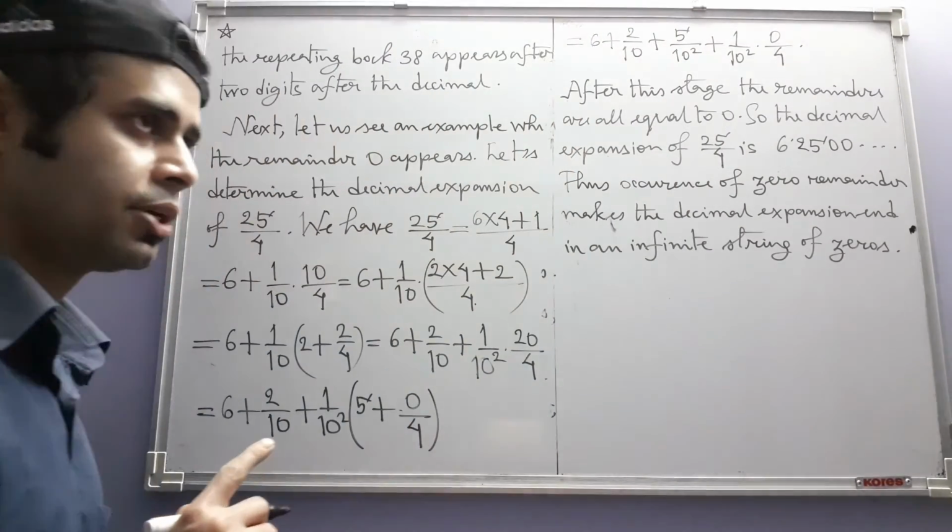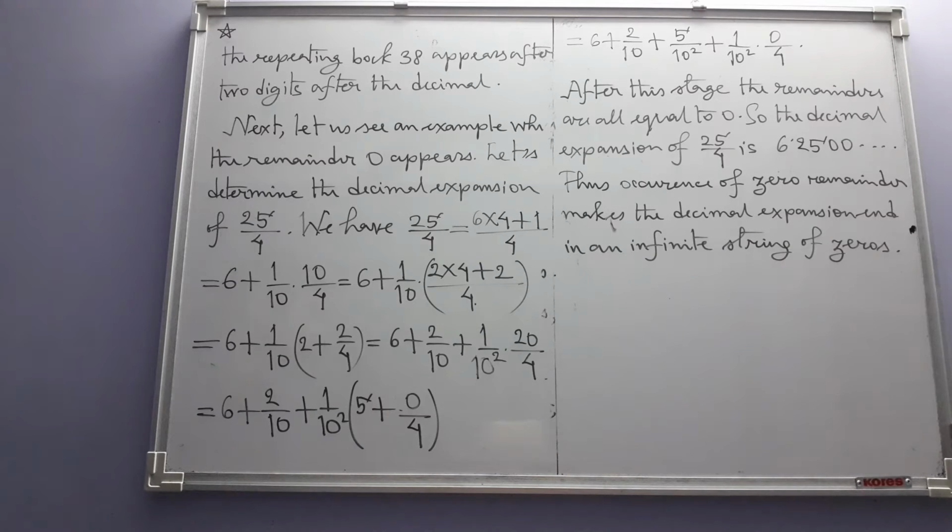Okay, now the final point. What happens when our rational number is negative?